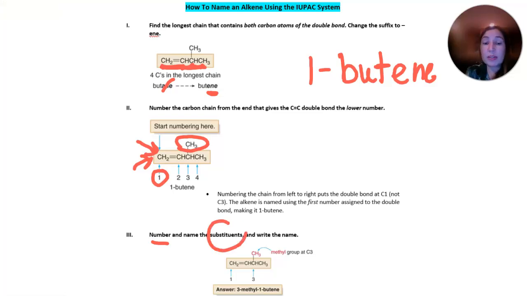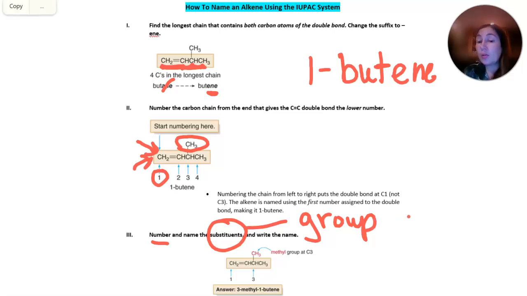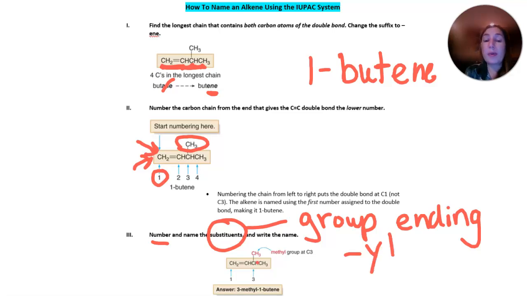So what's a substituent? Substituent is just code for group. And these groups end in -yl. So we're going to give them a name ending in -yl. For example, we've got our CH2 double bonded to our CH, single bonded to our CH, then bonded to our CH3.